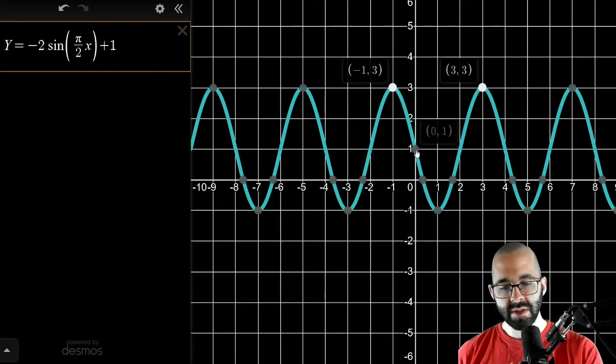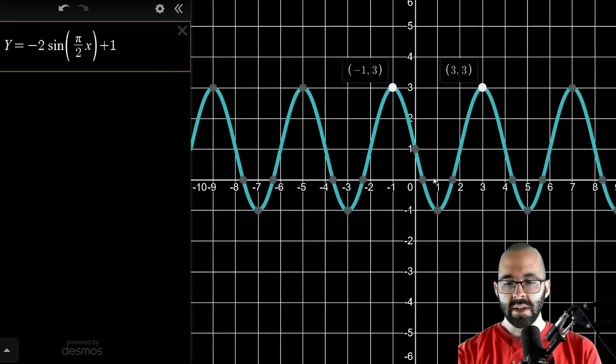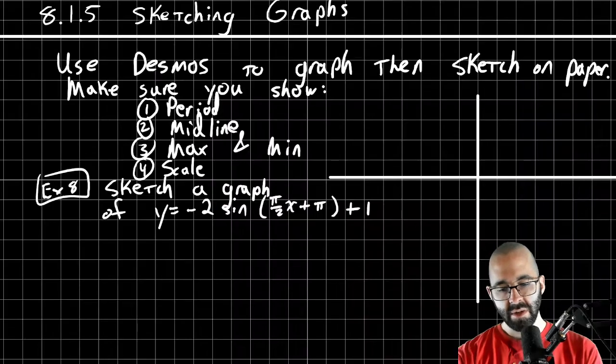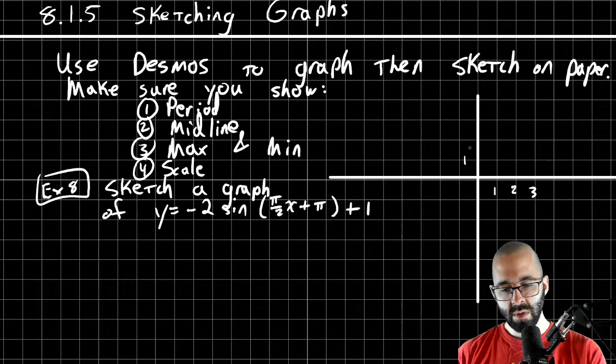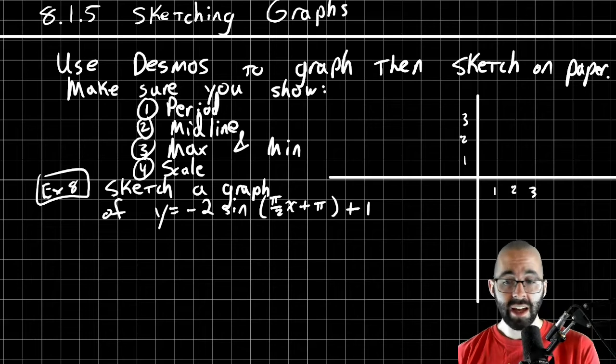It's a sine graph, so it starts at 0, but there's a negative, so instead of going up first, it's going to go down first. So let's include all this relevant information. We're counting by ones, so let's include that. Like 1, 2, 3, etc. If we were using pi's, we'd have to count by something that has to do with pi.